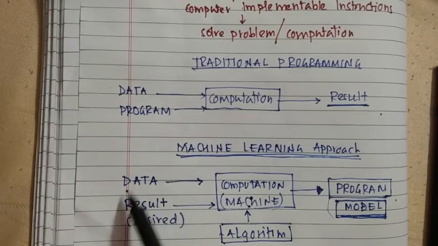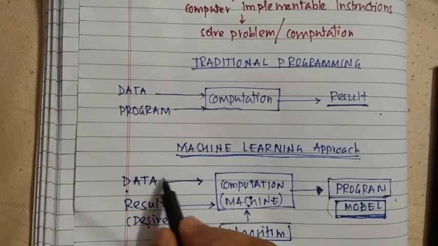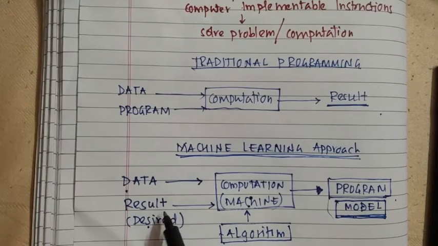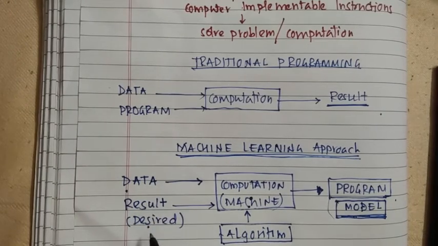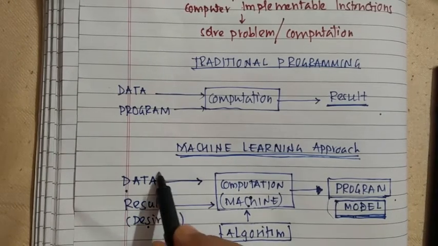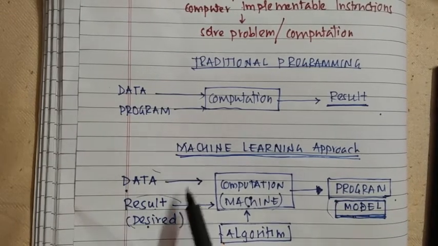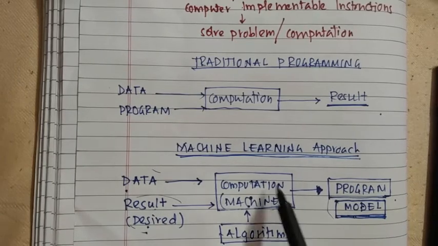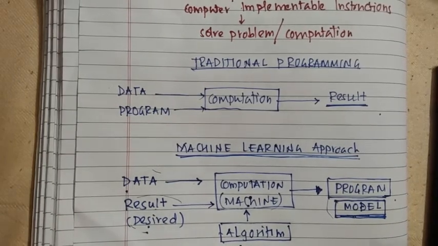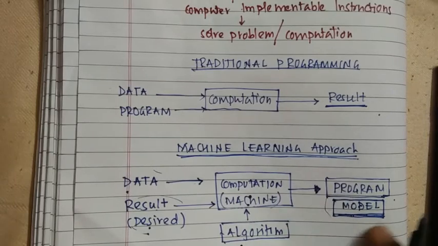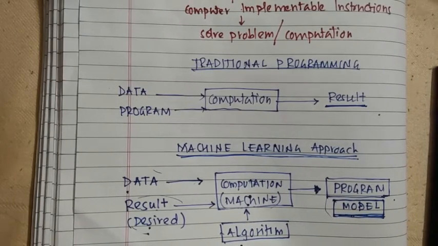The results are again considered as data. So this is the training data, and this is the output. We give the input as well as the output and combine them with the algorithm, and then the output from this system is a model, and this model helps us to predict.